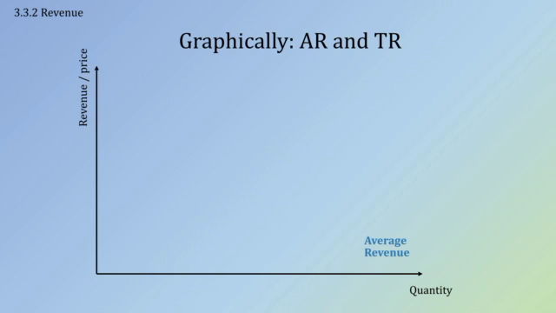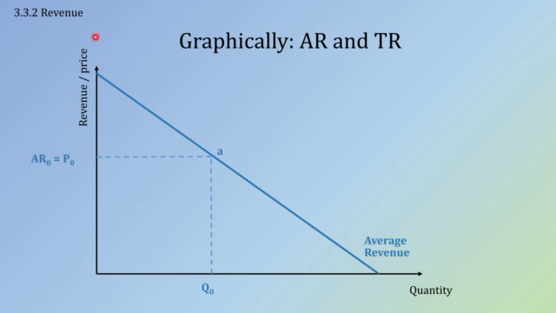Now, looking at it graphically, what we can see, I hope, is that if the average revenue curve here is downward sloping, then at any quantity here, Q0, the average revenue can simply be read off the revenue or price axis up here.